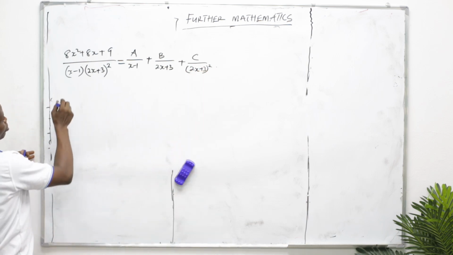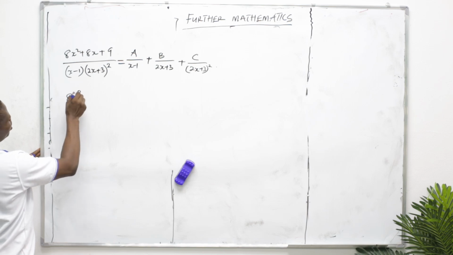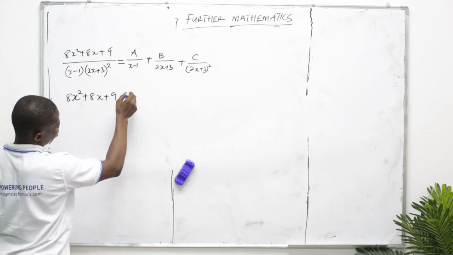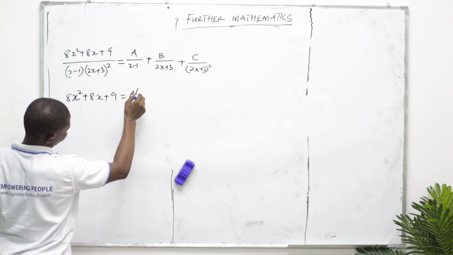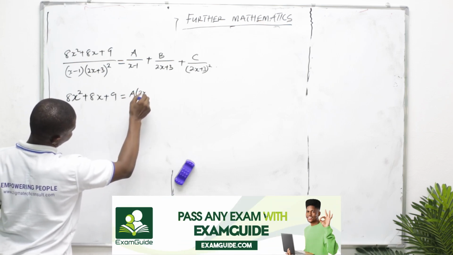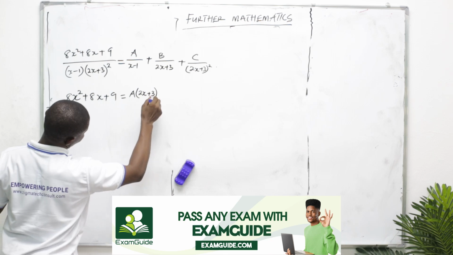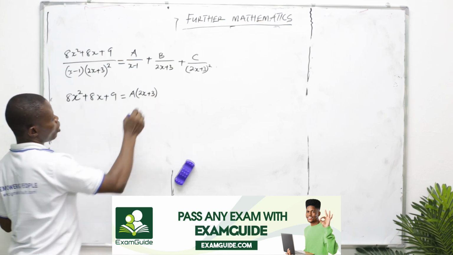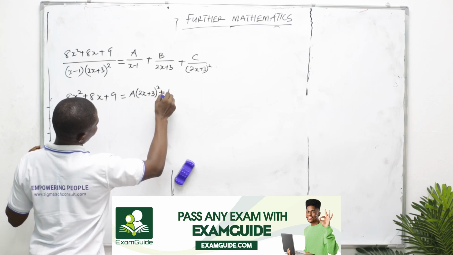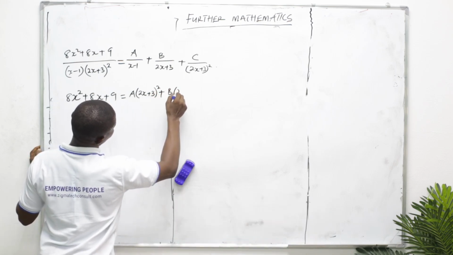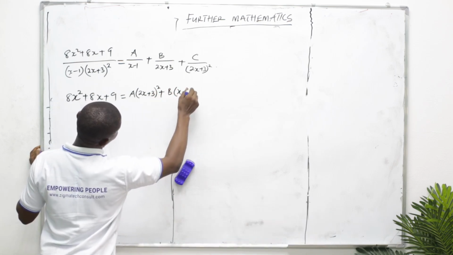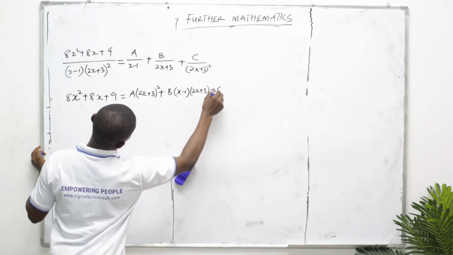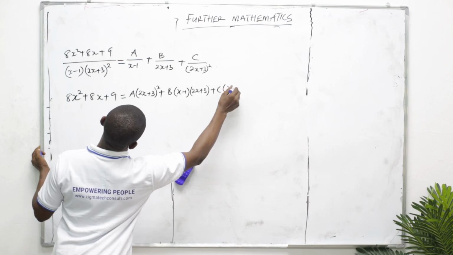So 8x squared plus 8x plus 9 equals A into 2x plus 3 all squared plus B into x minus 1 into 2x plus 3 plus C into x minus 1.